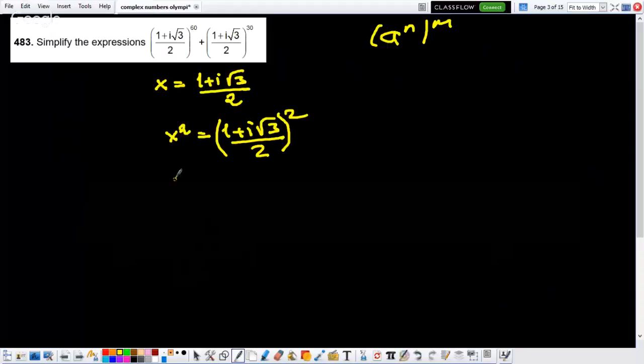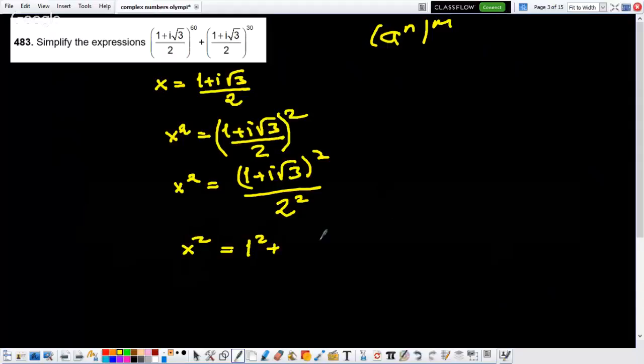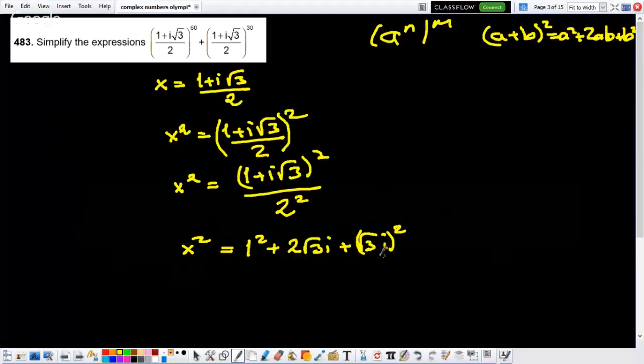Then x square will be equal to (1 plus i root 3) square over 2 square. Then x square will be equal to 1 square plus 2 root 3 i plus (root 3 i) square. This is the expansion of the square. You know, (a plus b) square is equal to a square plus 2ab plus b square. So all over 4, here it is.